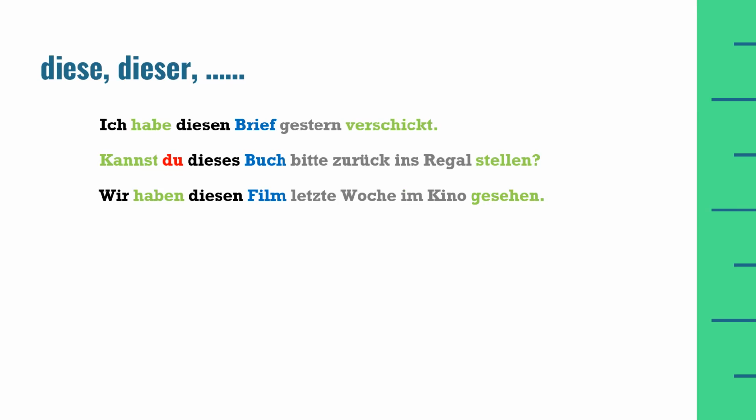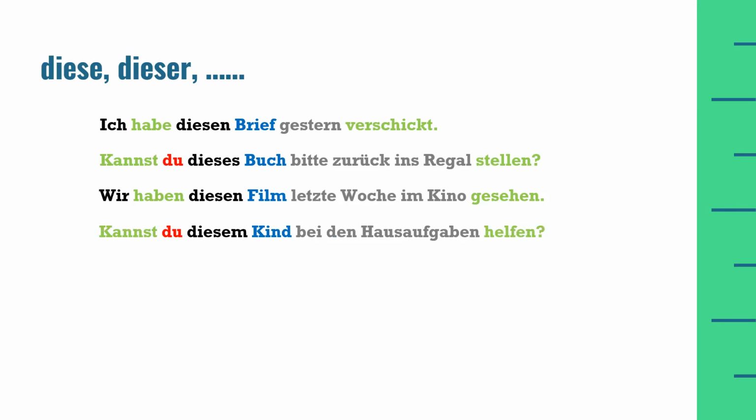And this sentence is in perfect form, which means we have to use the haben or sein verb at the second position of the sentence and conjugate it according to the subject. Subject is wir, so haben remains haben, and the Partizip zwei form is used at the last position of the sentence. Im Kino, im is again the short form of in dem.